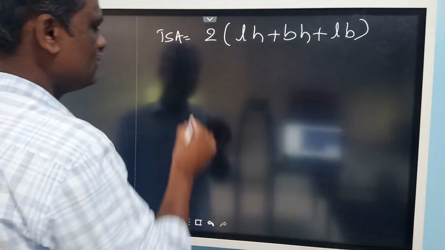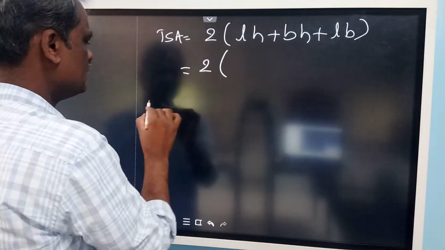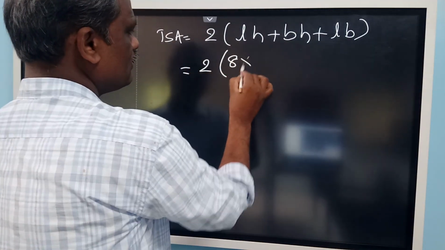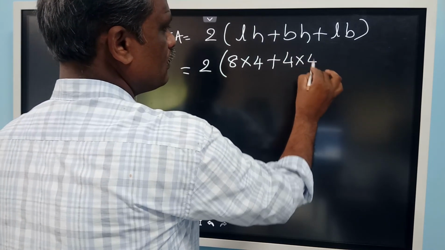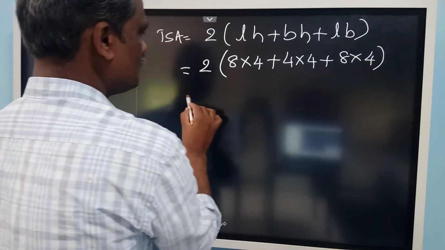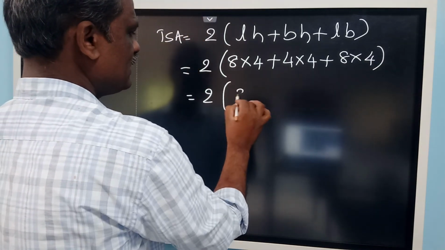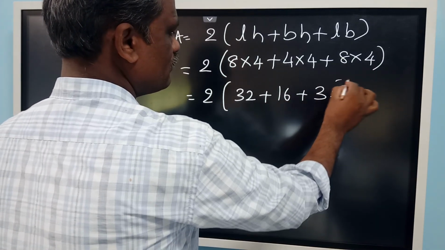Now you can substitute the values here: 2 into (8 times 4, plus 4 times 4, plus 8 times 4). 8 fours are 32, 4 fours are 16, 8 fours are 32.